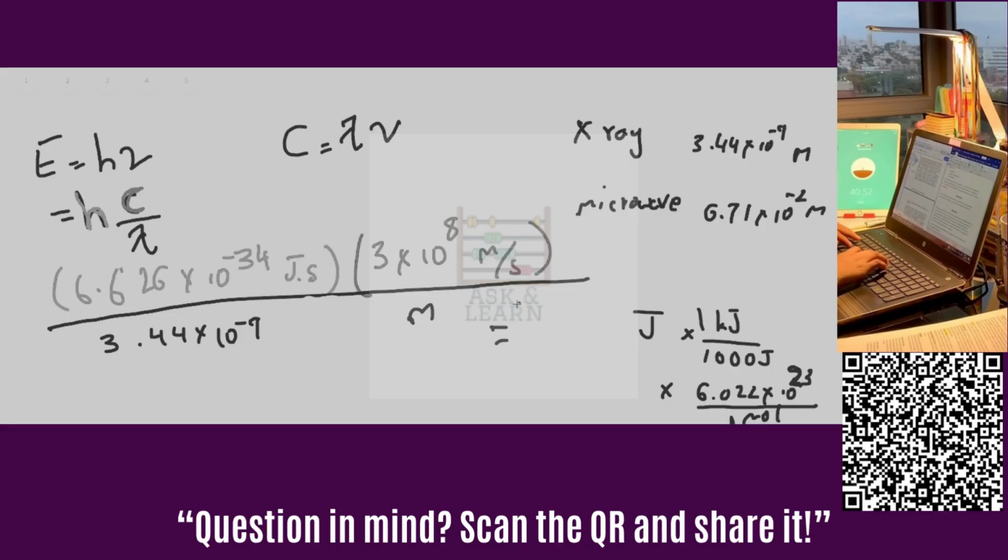We are going to get 5.78 times 10 to the negative 17. Now we're going to need to divide it by thousands, multiply by 6.022 times 10 to the 23rd. We are going to get this whole thing as the X-ray answer.